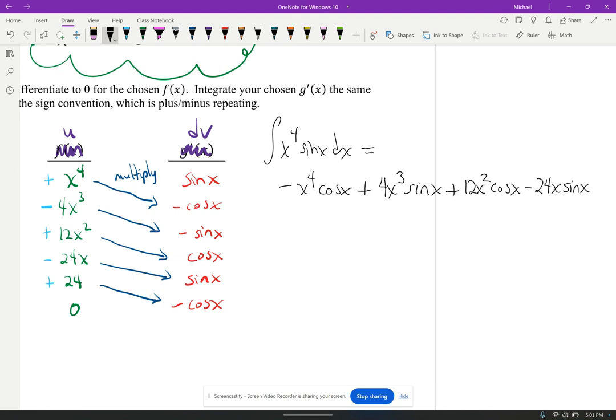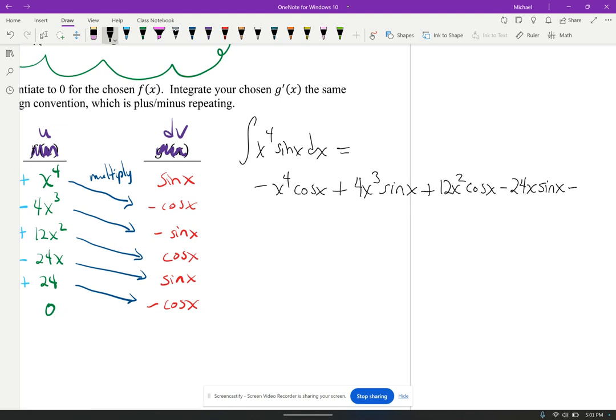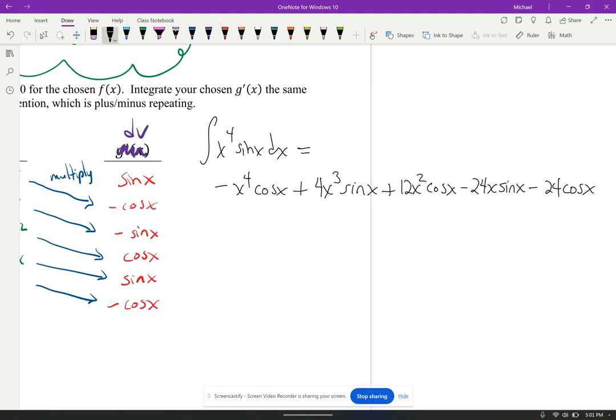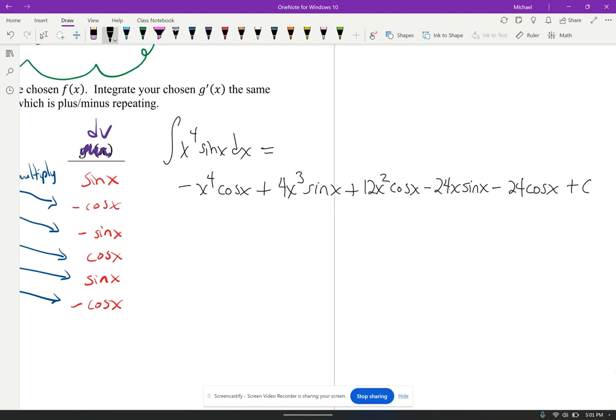And then the last one, positive 24x times a negative cosine x, and that'll be minus 24 cosine x. And plus c, don't forget the plus c. So this is the antiderivative of the original x to the fourth sine x.